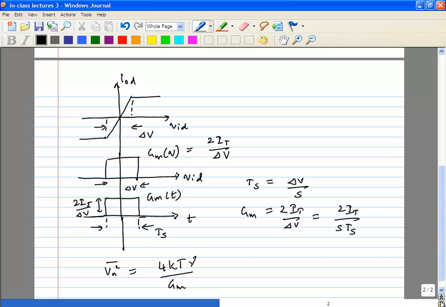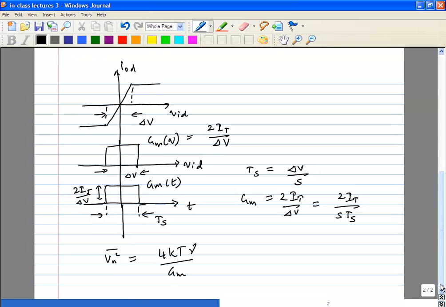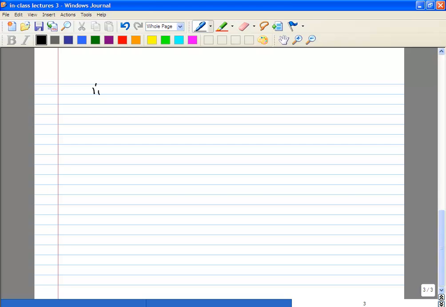So now we are going to make a small leap, a leap of faith. I'm just going to give you the result. This is the beginning of the analysis. There is some autocorrelation integration you have to do to get the final answer, but I'll just give you what the final answer looks like. You can show that this is 2 by TLO.